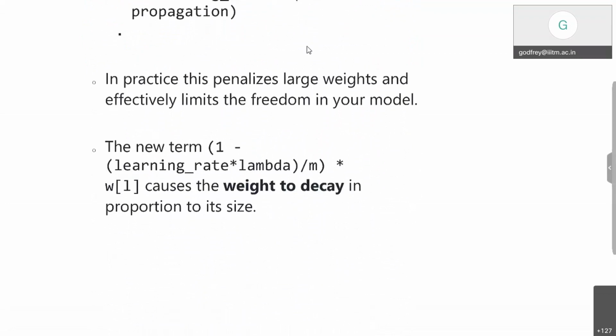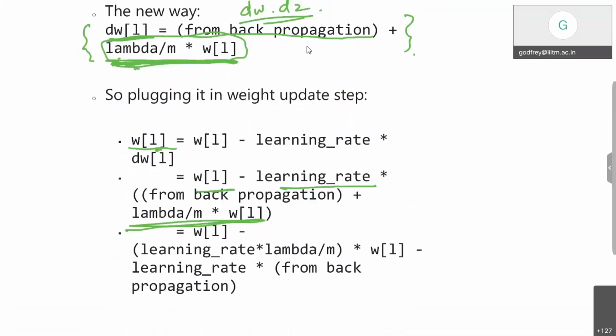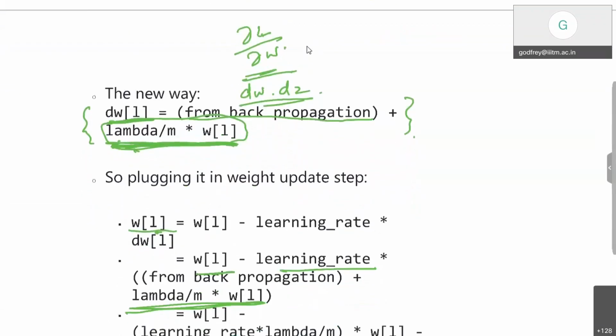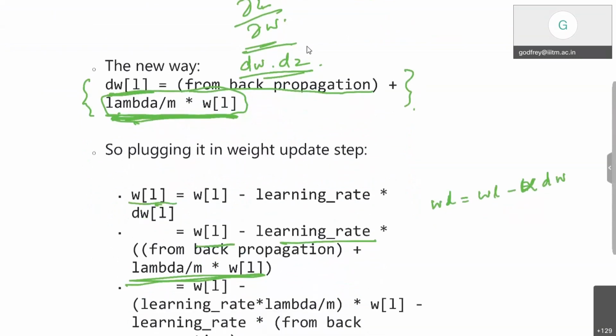Now one thing is that, you see that WL is equal to WL minus learning rate alpha into.